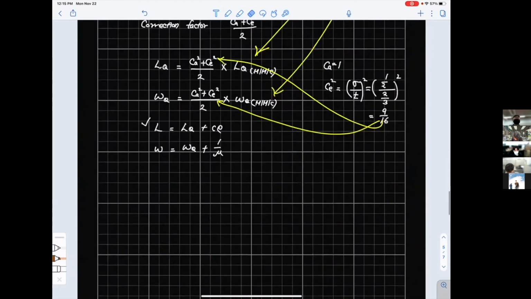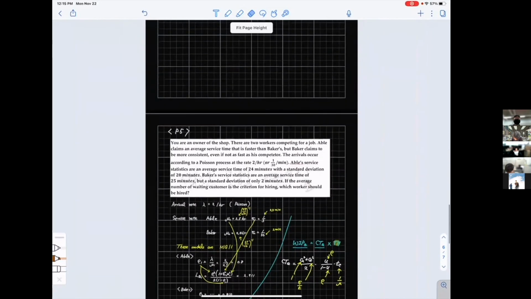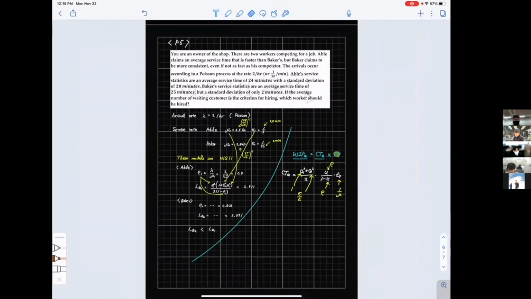But in this problem, it is a little safer because we do not calculate the exact number; the problem is to decide who has to be hired. So we can use this Kingman formula very safely in this problem.